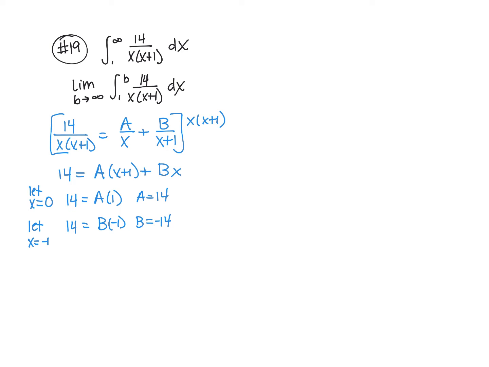All right, so now I'm going to rewrite this limit problem. This becomes the limit as b approaches infinity of the integral from 1 to b of A, which is 14 over x, and B, which is negative 14 over x plus 1, dx.